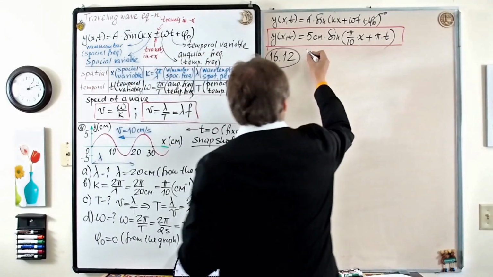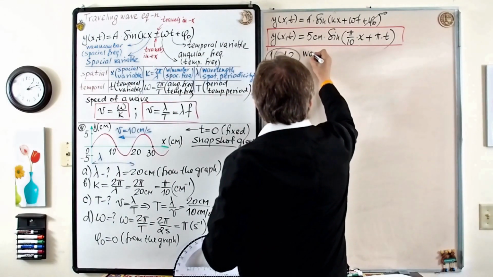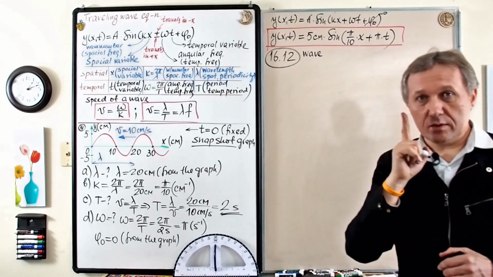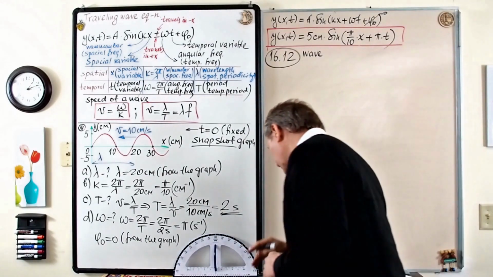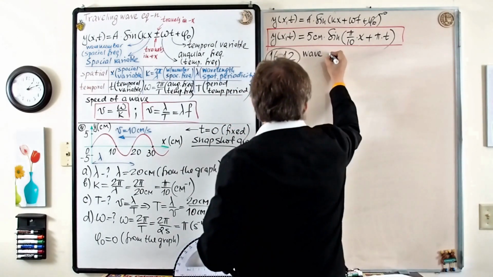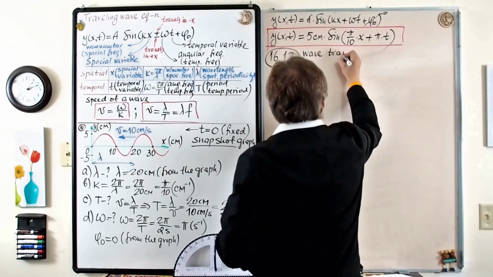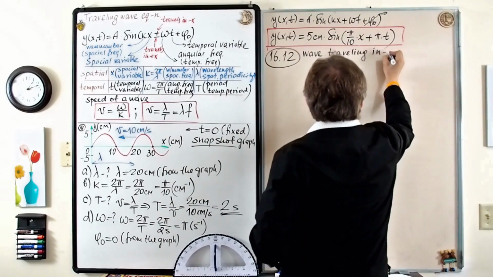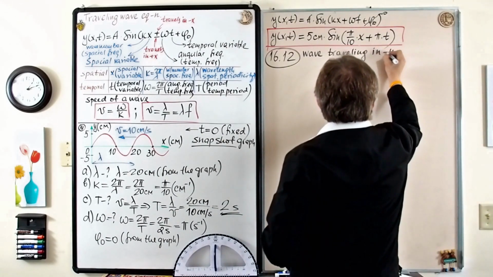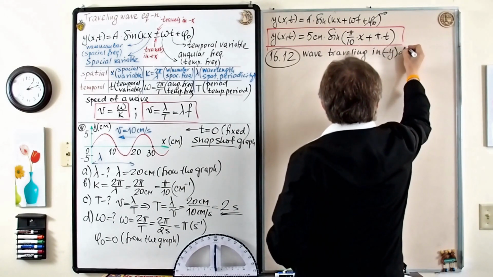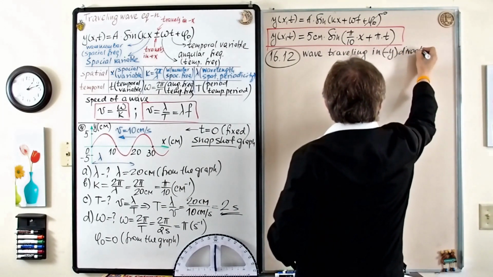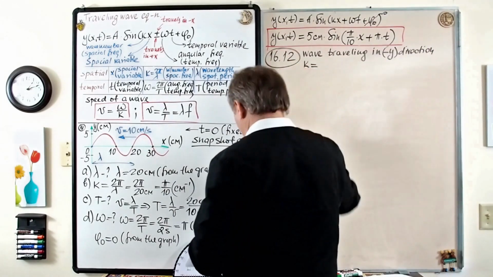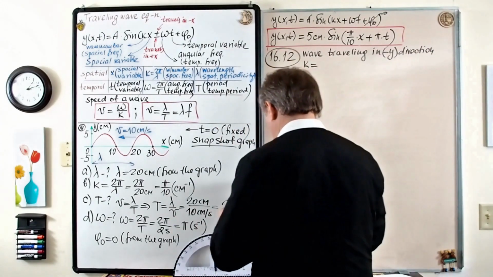So we have a wave propagating in the negative y direction, right? Wave traveling in minus y, okay, this is the minus y direction. Then we know that the wave number of that wave is, okay, let me grab this.